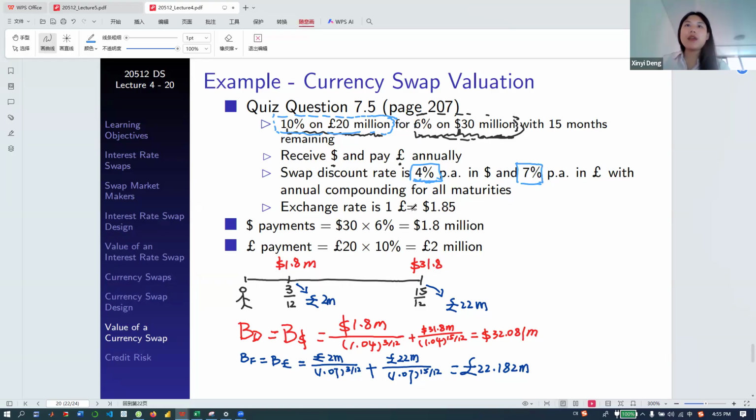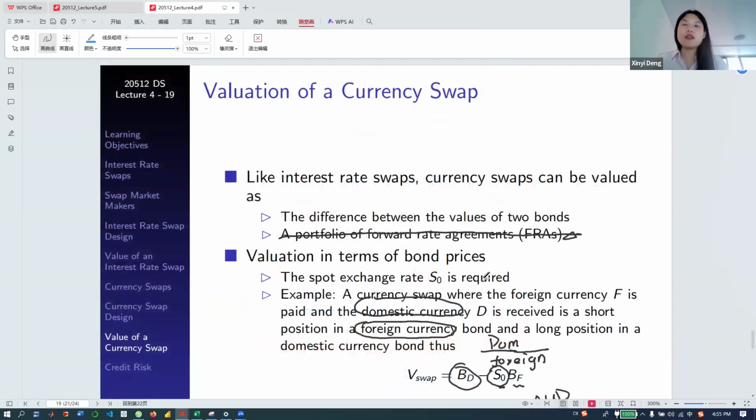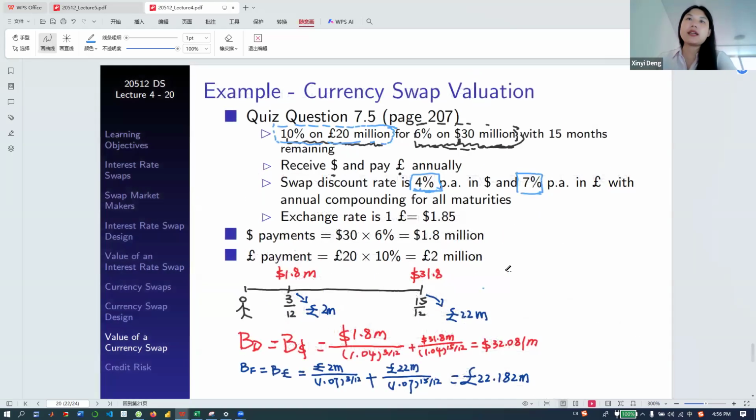We also know the price of £1. Here we are treating USD as the domestic currency and pounds as the foreign currency.